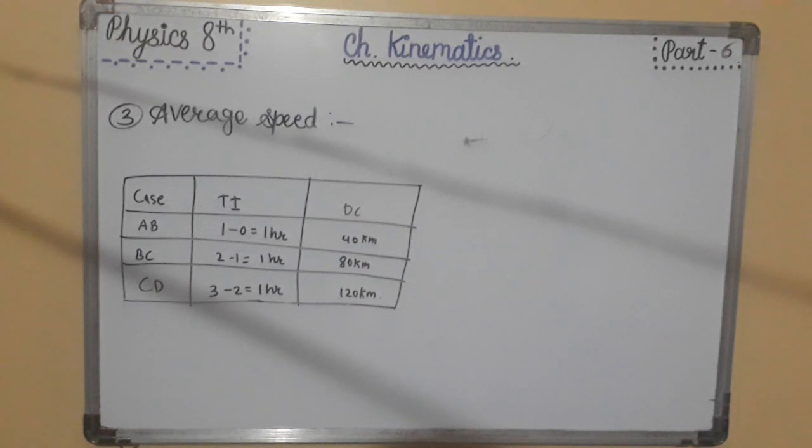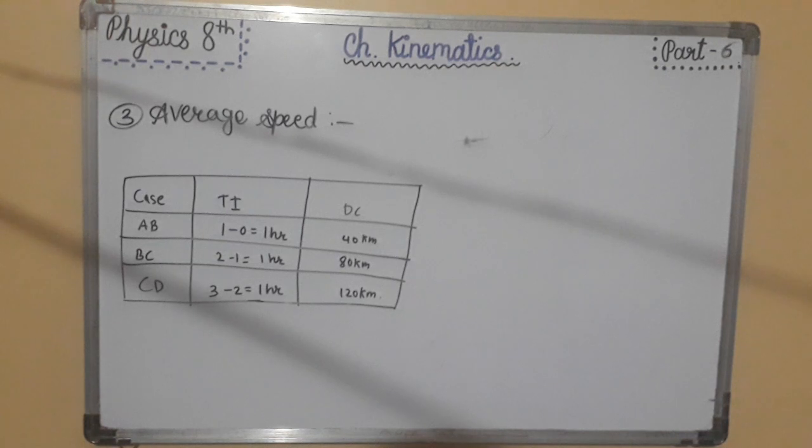In such cases, we calculate the average speed of the body, which is the total distance covered by the body in the total time taken.